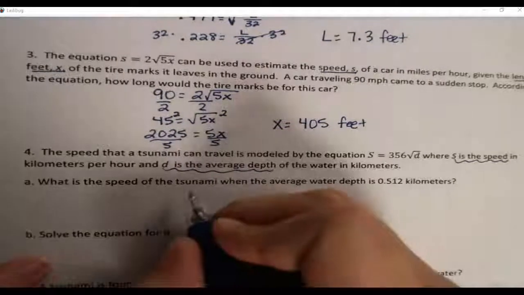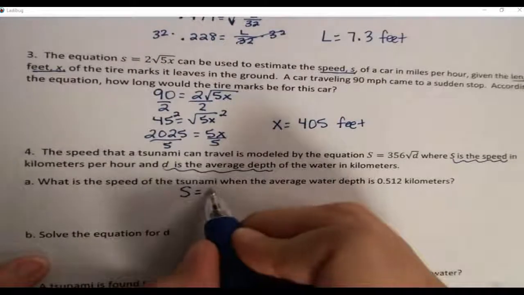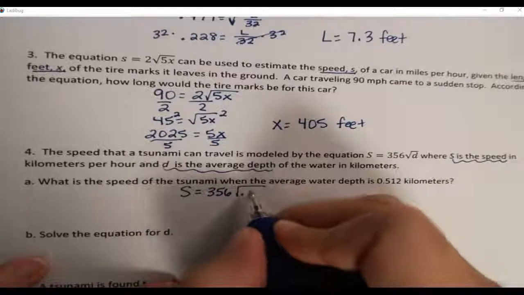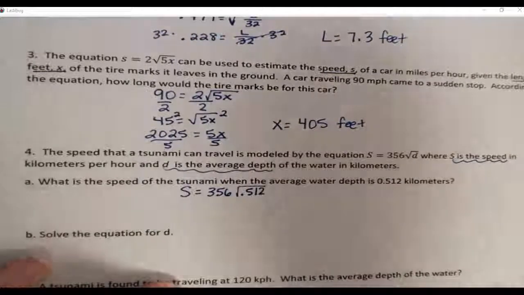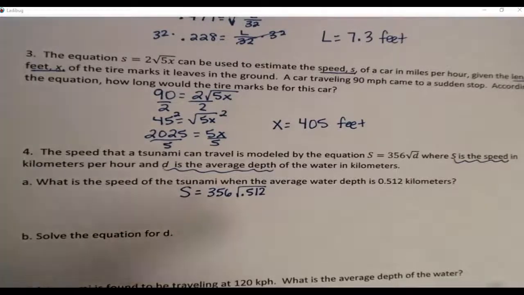D. Good. So we want to know the speed, so we're trying to find S equals 356 square root of 0.512. Well, on this one, our S is already by itself, so we can just type that in the calculator.